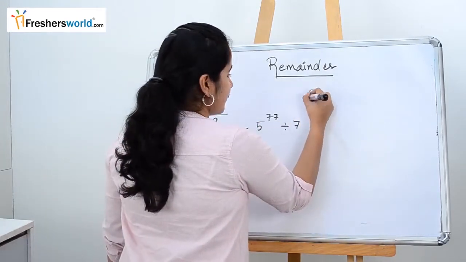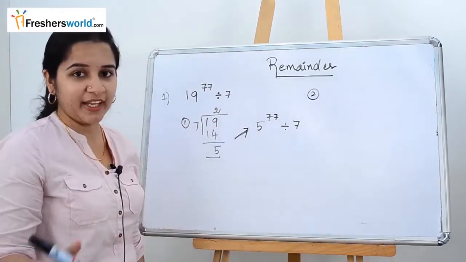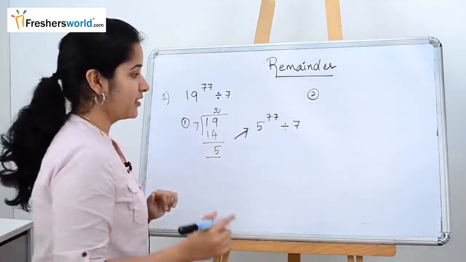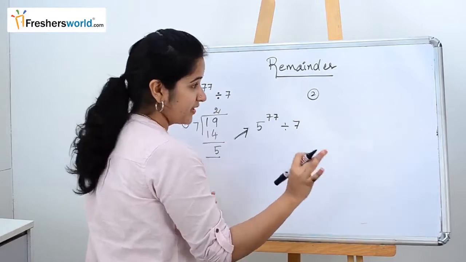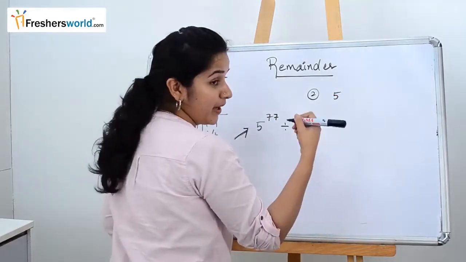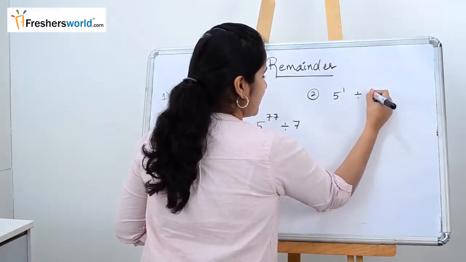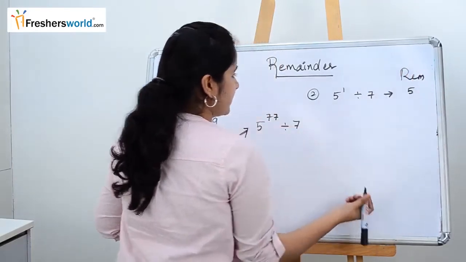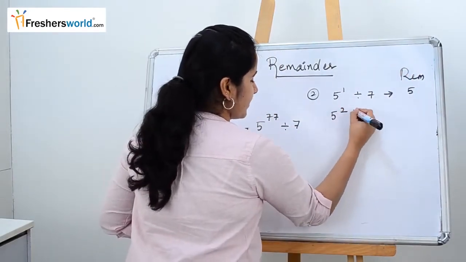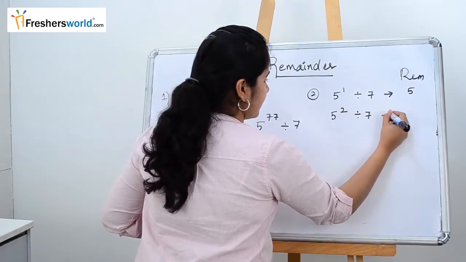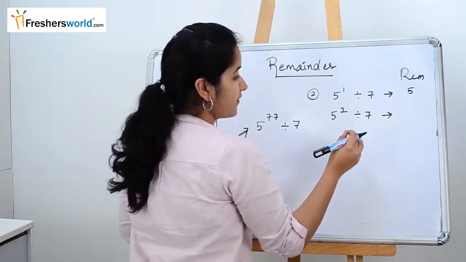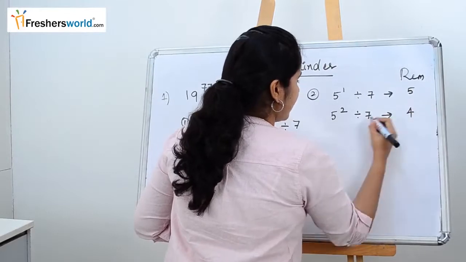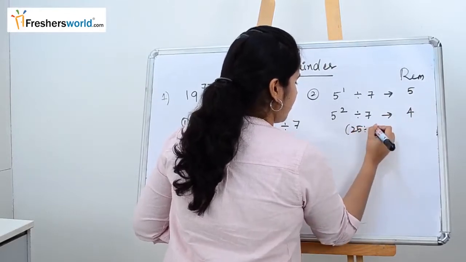Second, we have to find the number of times the 5 value gets repeated. First, leave the 77 as of now. Let's say 5 power 1. 5 power 1 divided by 7 gives you the remainder 5. 5 power 2 divided by 7, which is 25 divided by 7, gives you the remainder 4.